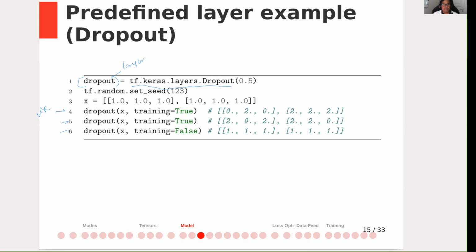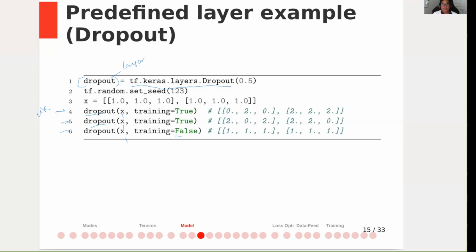So we call the created layer with the input and another argument which tells the layer to behave in the training mode or in the non-training mode. If the training argument is true, the layer behaves as it does in training. If the training argument is false, the layer behaves as it does in testing.